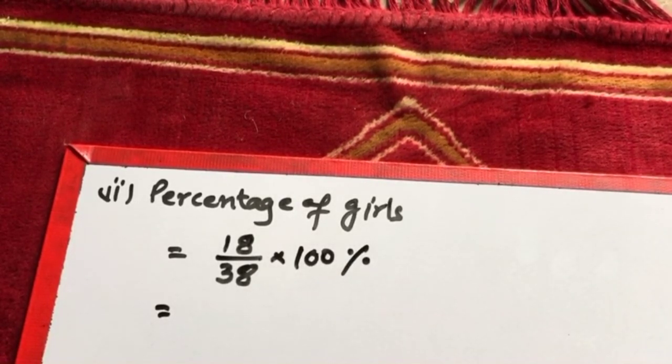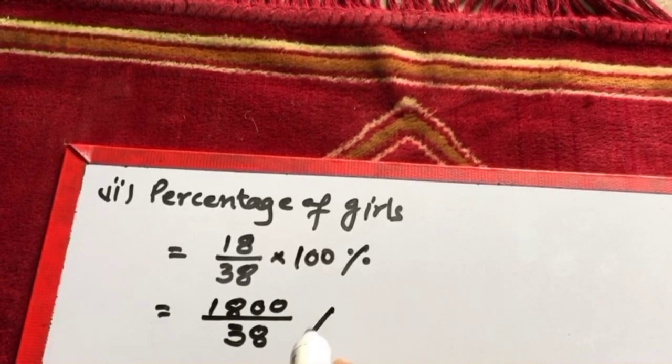And if we multiply 18 by 100, then we will have 1800 divided by 38%. And if we divide 1800 by 2 and 38 by 2, then we will have 900 over 19%.